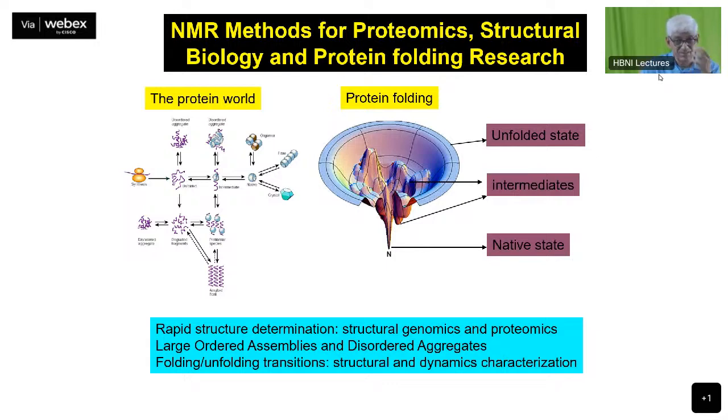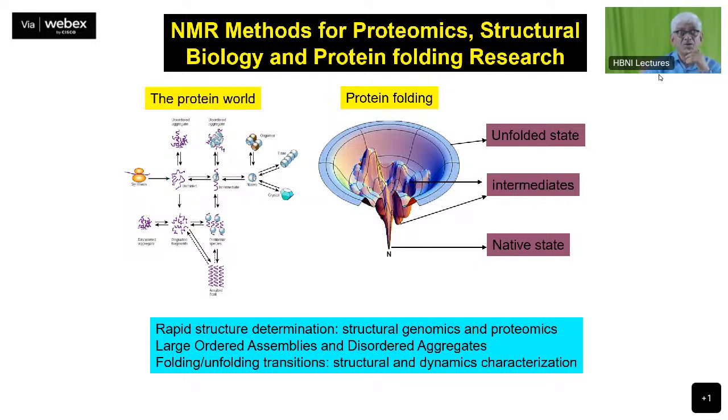The proteome is the group of all proteins expressed inside the cell. There are approximately 100,000 proteins of different sizes, and characterizing these proteins is the area called proteomics. Structural biology relates structures with biological functions.